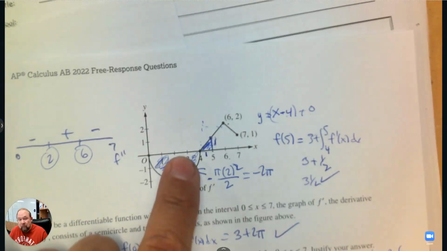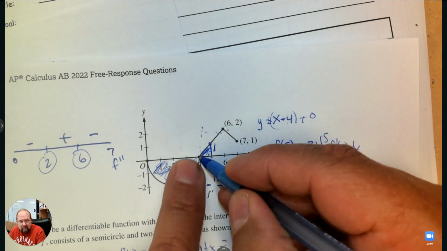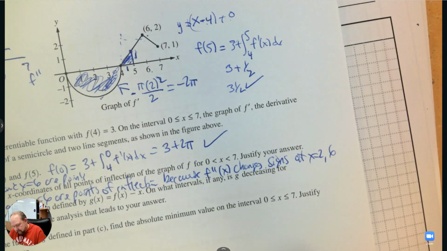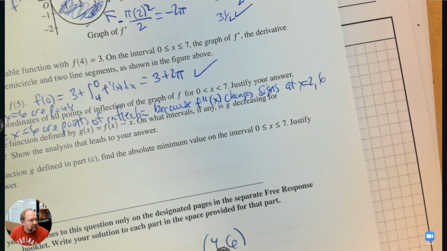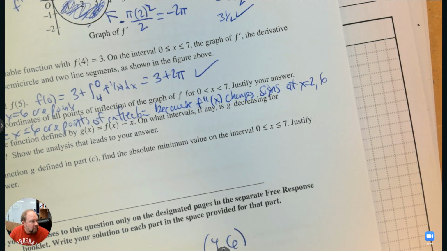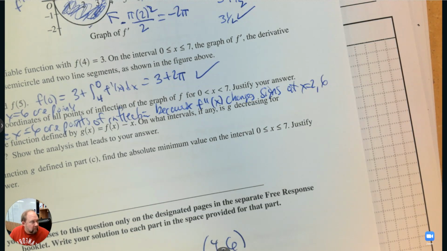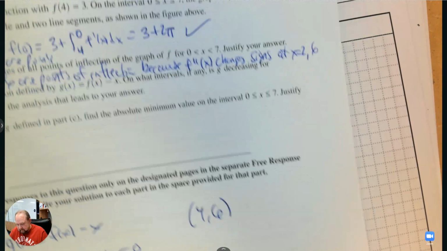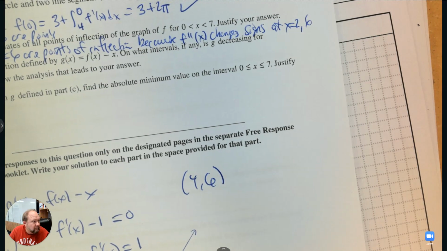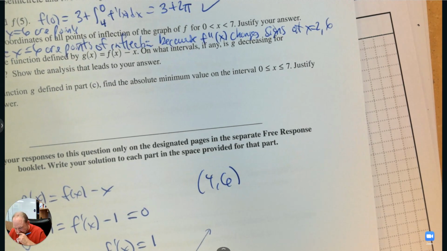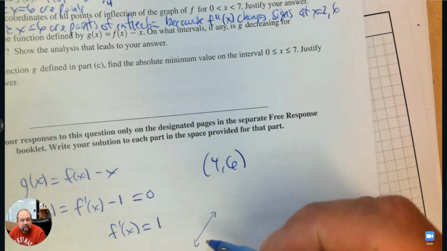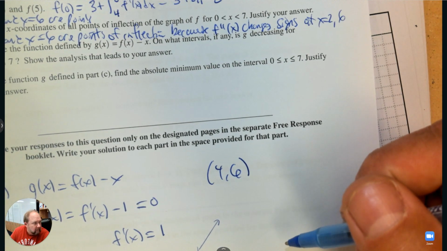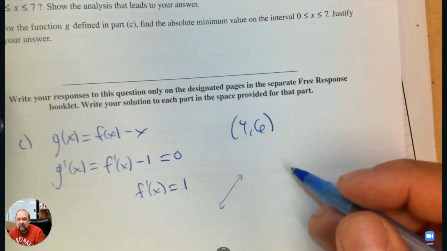And so the slope is 1. We found it right here, right? From 4 to 6. See, I got that. All right, so here, let's try it this way.